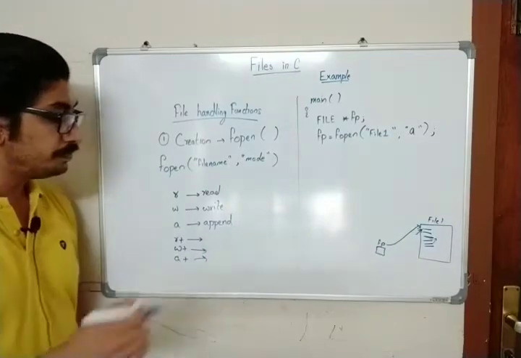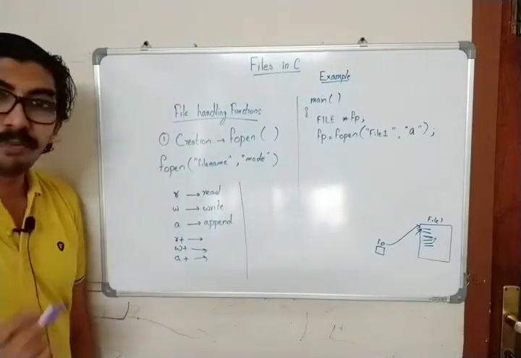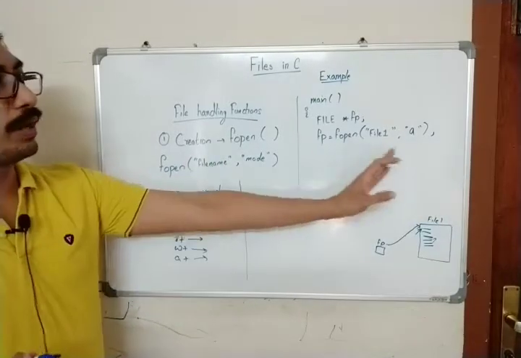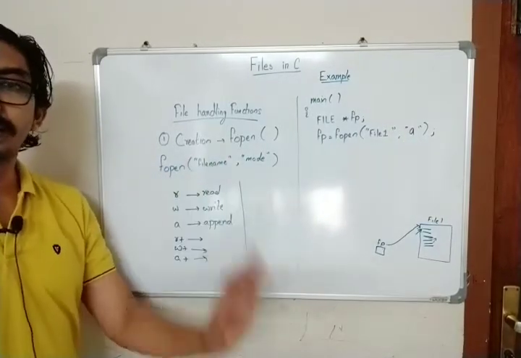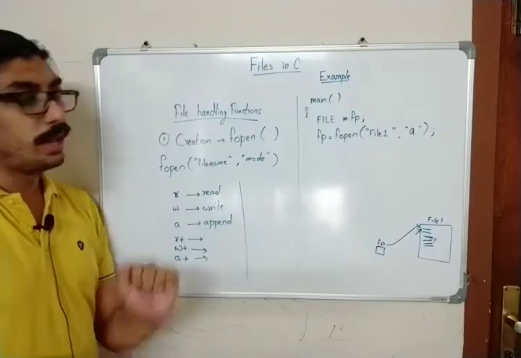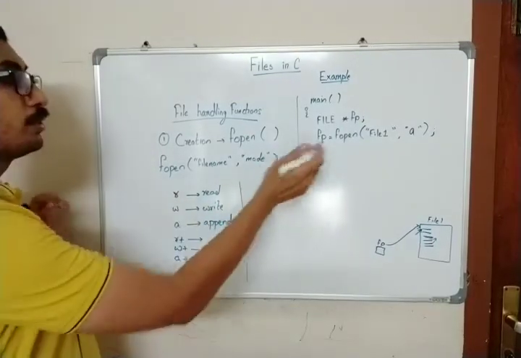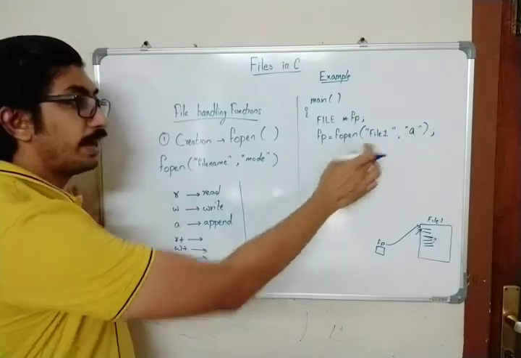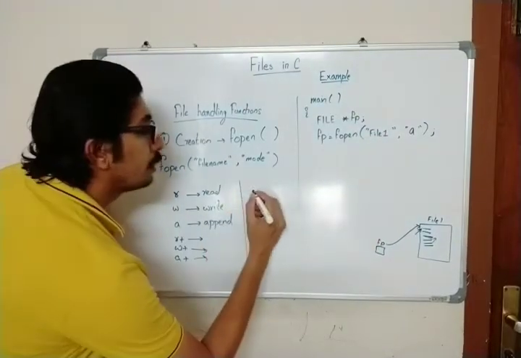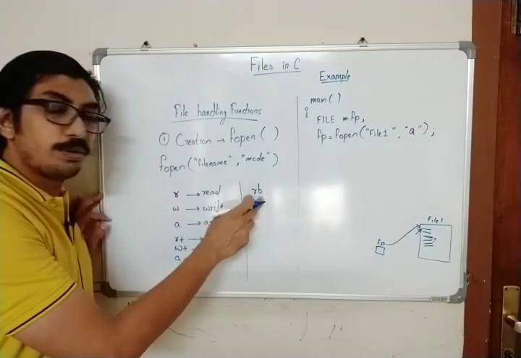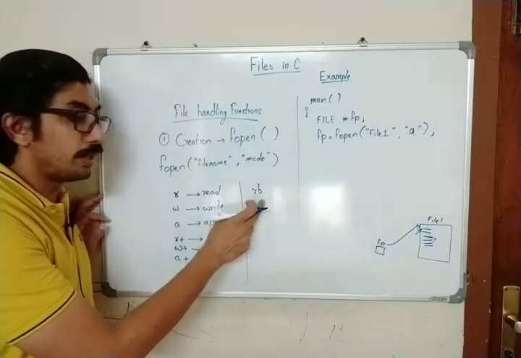Now I have told you about binary files. Once we simply do fopen file1 and write the mode, it will create text files. Suppose you are interested in creating a binary file, you will write fopen, the file name, and in the mode, if you write RB, it means that you are going to read from a binary file.